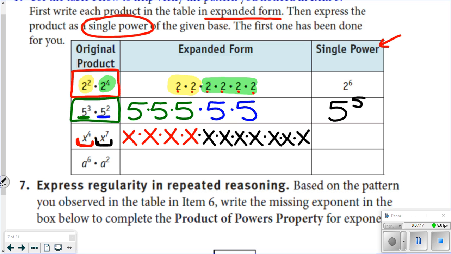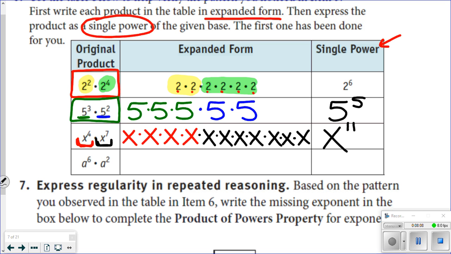So I have 7 more x's. Now I'm going to count them all up to get my total. 1, 2, 3, 4, 5, 6, 7, 8, 9, 10, 11 x's. So x is the big number, which is my base, and 11 is my exponent, or my power, the little number.